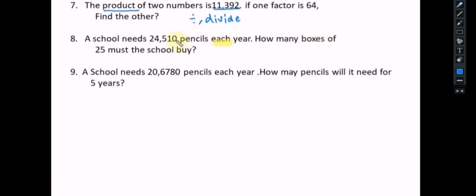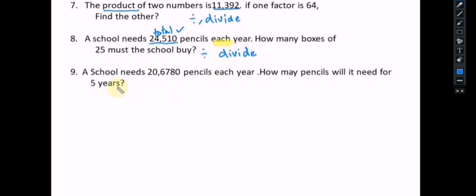You don't want to calculate the total number of pencils but the number of boxes to fit the pencils. So there is a small twist over here. The total is given, indicating that you don't want to calculate the total, so it is a division word problem and you will have to divide the two numbers to find the answer.